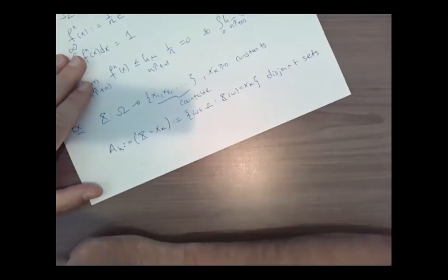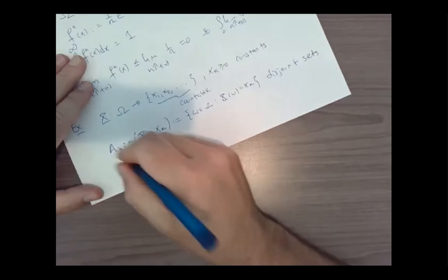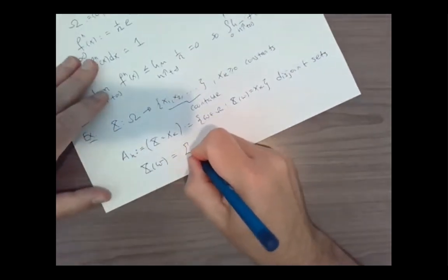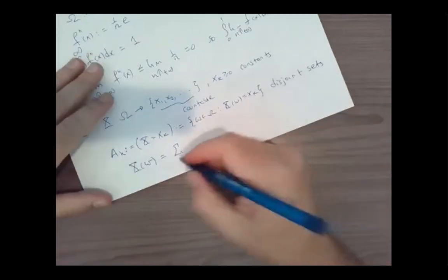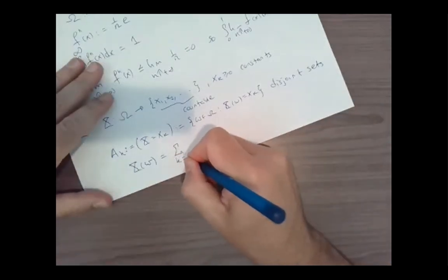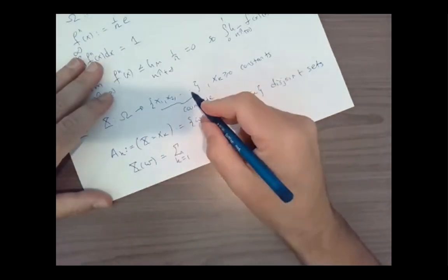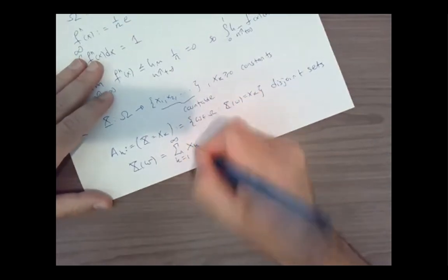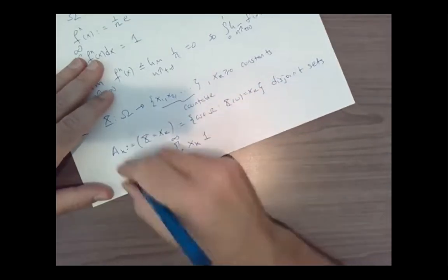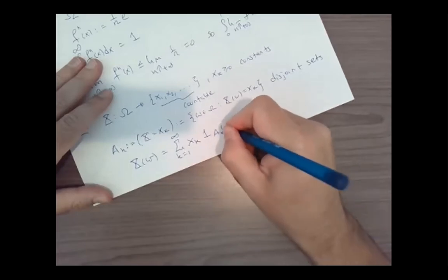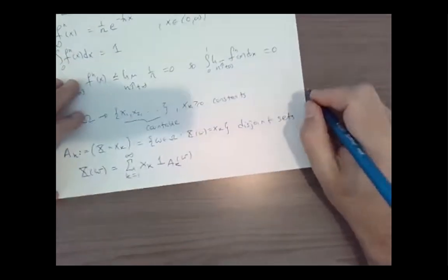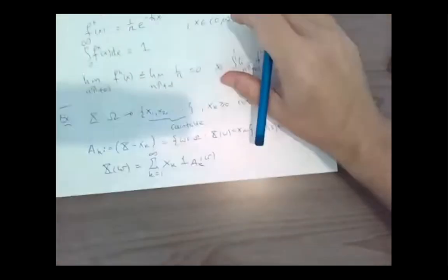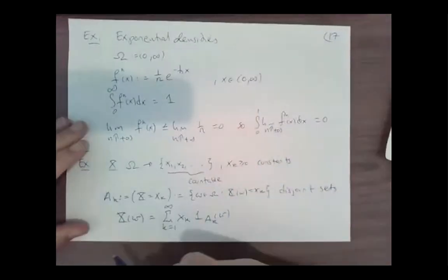And I can, for example, write x as nothing else than the sum over k from 1 to infinity of xk times the indicator of Ak.